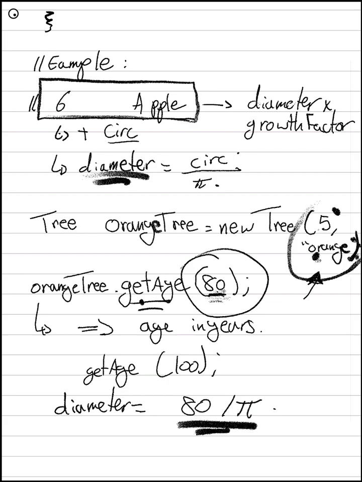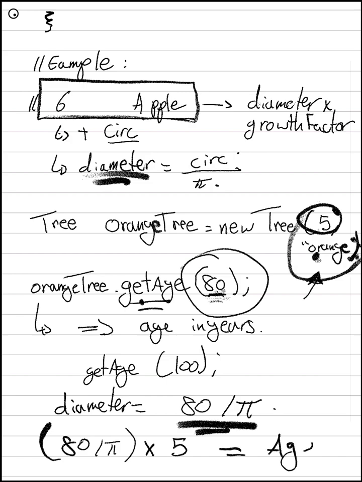Right. And then whatever you get from that, you would multiply all of that with the growth factor, so 5. And then that's the age, right? Right, yes. Excellent.